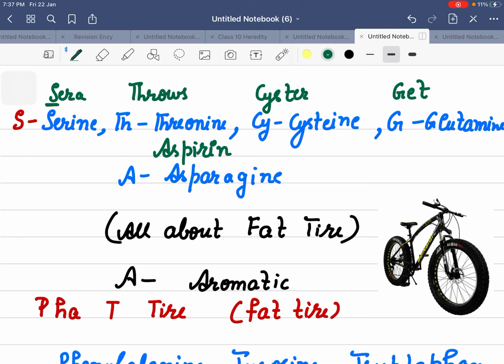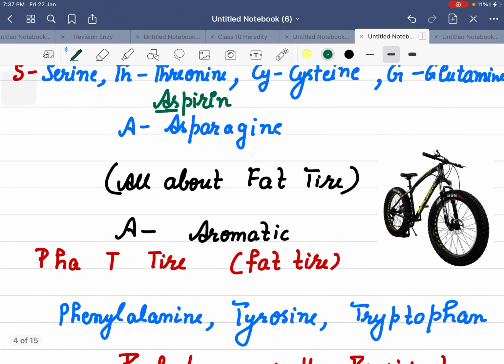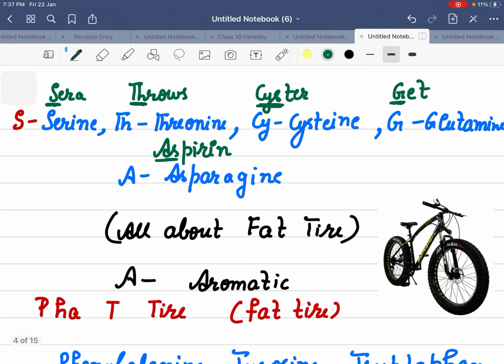Sarah, S for serine, TH threonine, CY as cysteine, G for glutamine, A for asparagine, right? So this is about the polar amino acids, from the story about the mad girl Sarah who throws her sister to get aspirin.